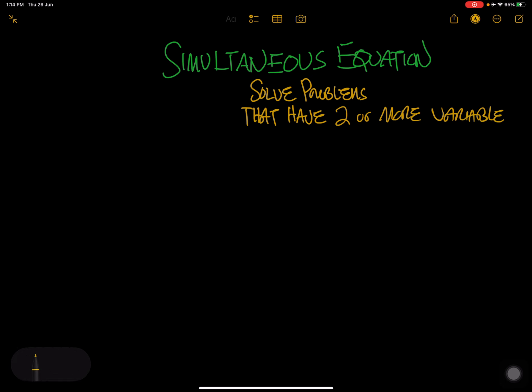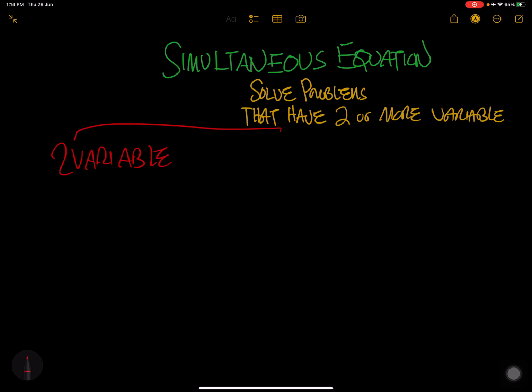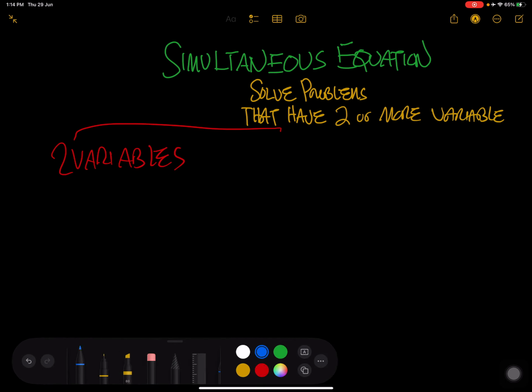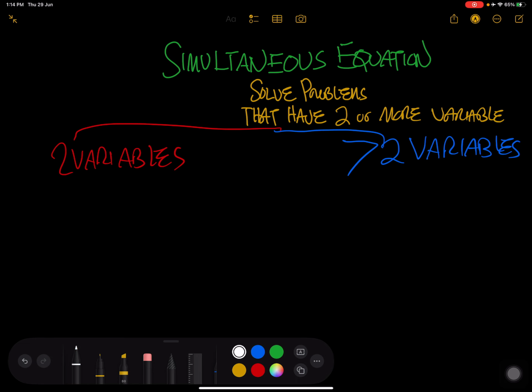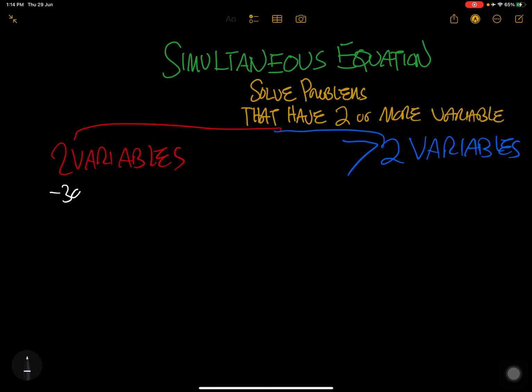So, for example, we can have two variables, or we can have what we call greater than two variables. Let's say you're having a question like this: negative 3a plus 2b is equal to negative 5, and you also have negative 2a minus 5b is equal to 3.